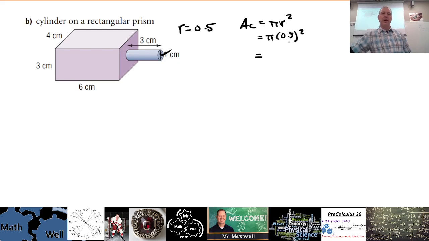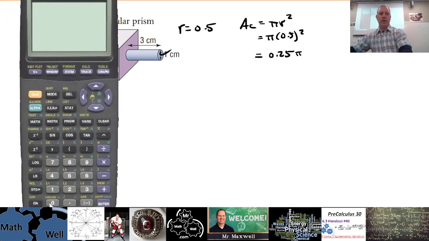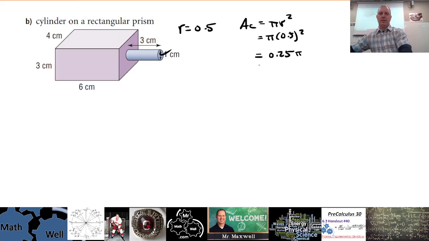So 0.5 squared is 0.25. So 0.25 times pi is 0.78539.